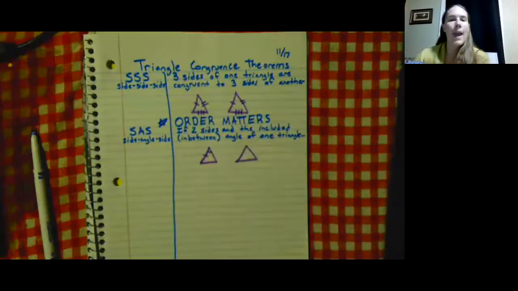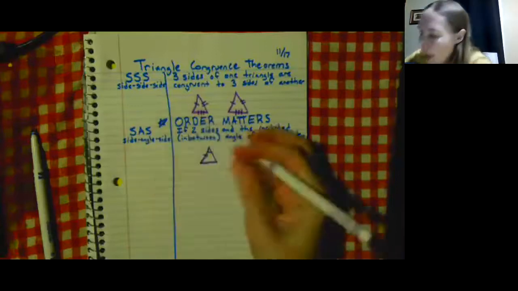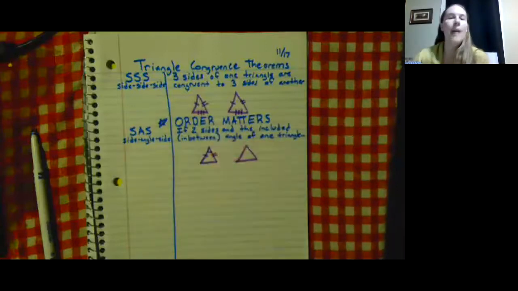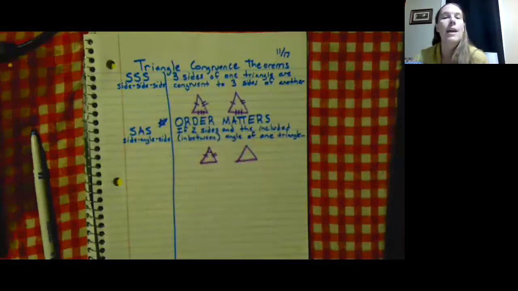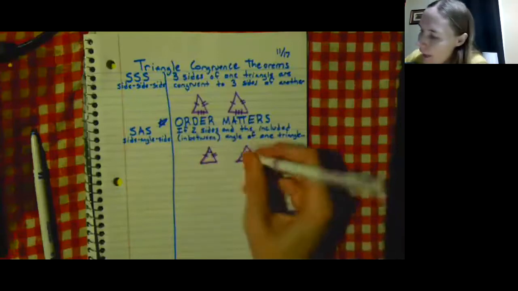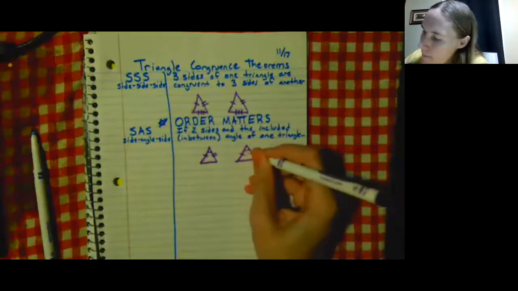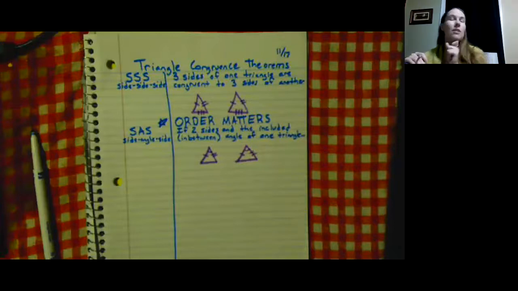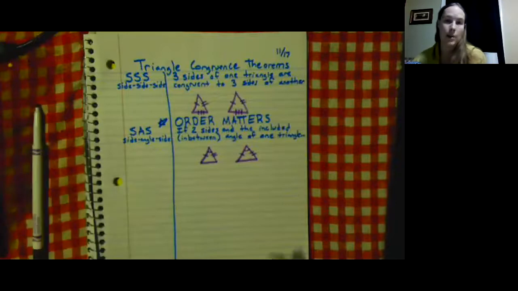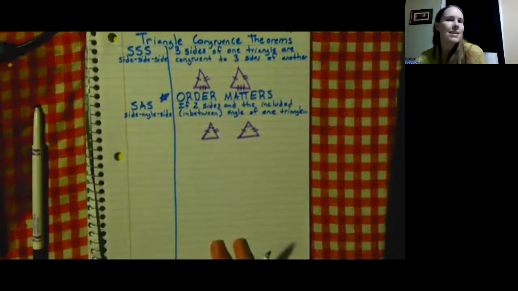So this would be my angle, and then the other side would be the side right next to that. So see how it's in between those two sides? It's our included angle. And that would be congruent with that. I'm going to start drawing the pictures a little bit trickier for the other ones, but they'll mean the same thing. So that's side, angle, side. And we already discovered all these on our own for our Desmos.